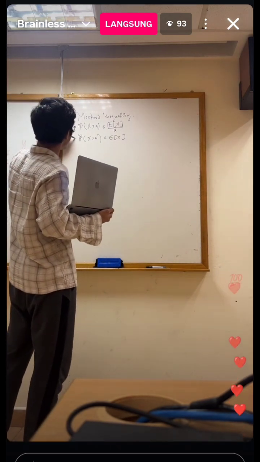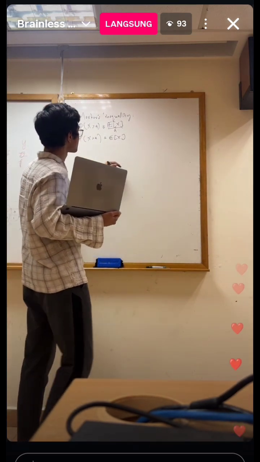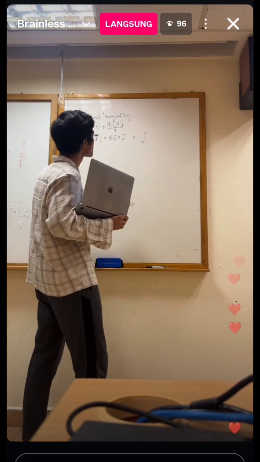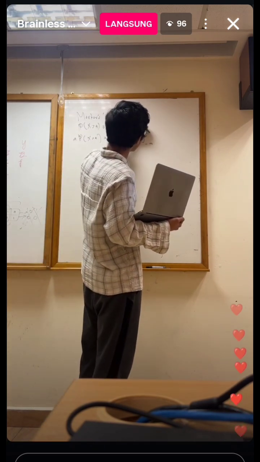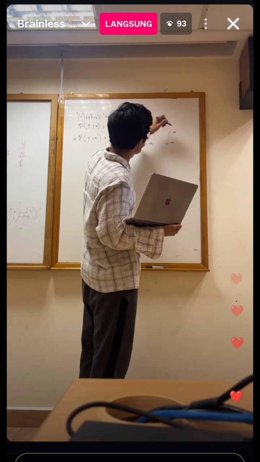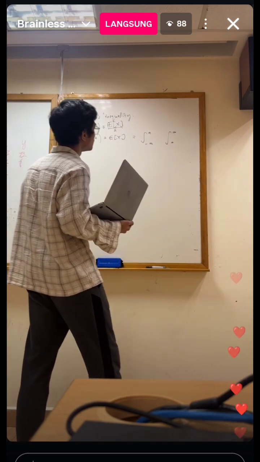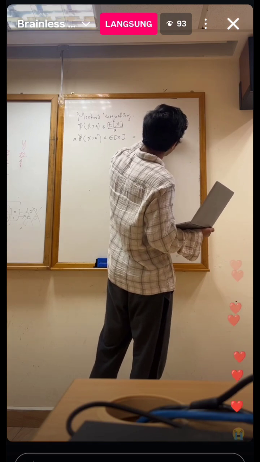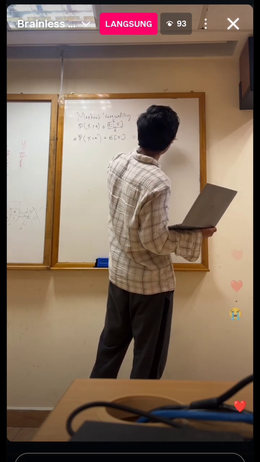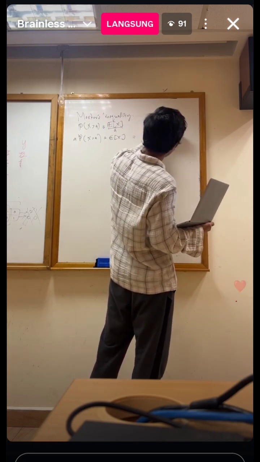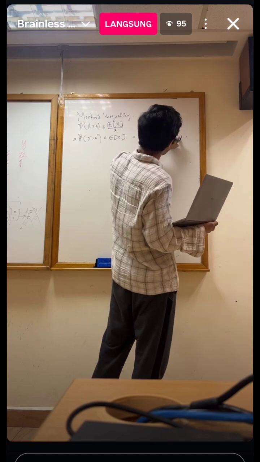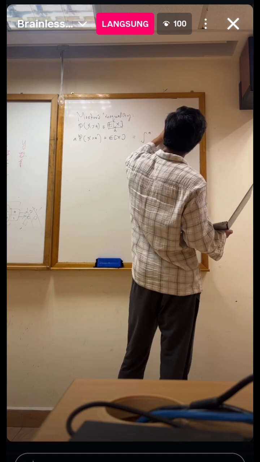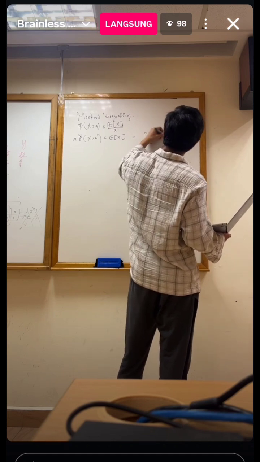I know roughly the intuition behind the proof. Because if you write this thing, this is the integral from a to infinity of f of x dx, and this is a times f of x dx.